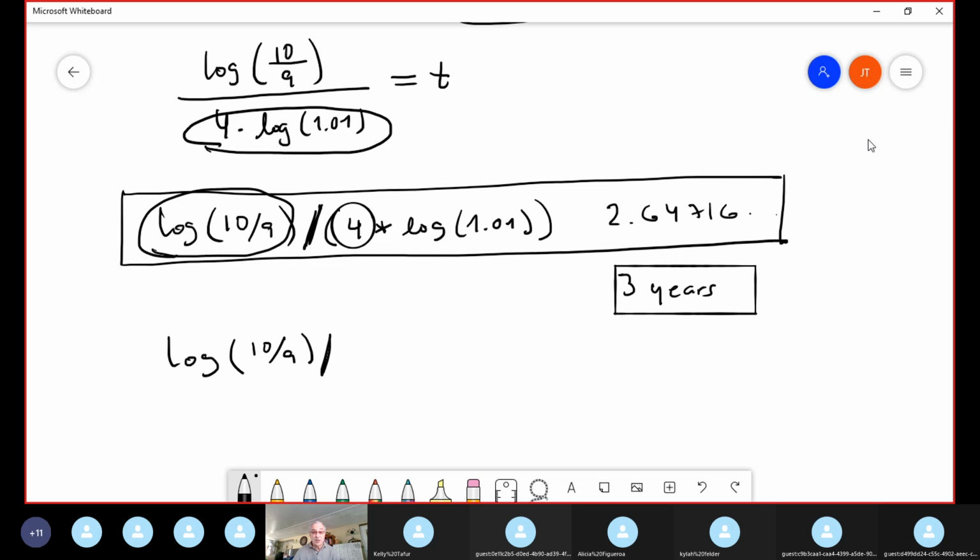So you need to indicate to the calculator to perform multiplication by logarithm 1.01 first, and this parenthesis encloses everything in the bottom. So it's 4 times LOG again 1.01. Close the parenthesis, close two parentheses. I get the answer 2.64716. Yes or no?